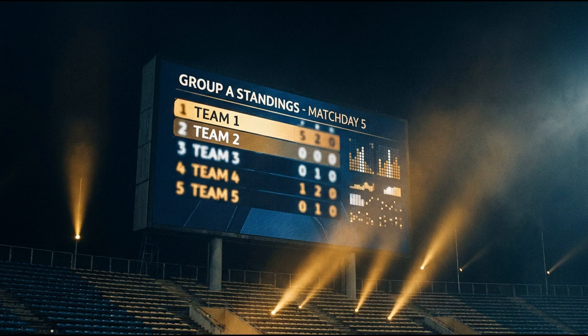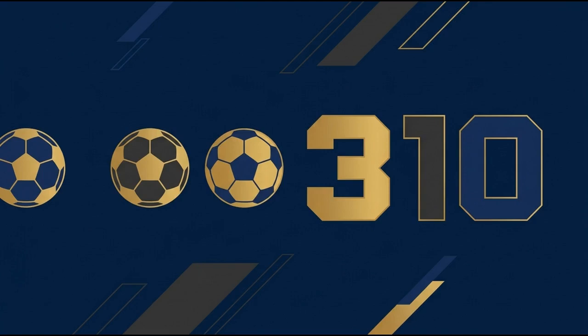Let's get into it. Start with the part everyone already knows. A win is worth 3 points, a draw is worth 1 point each, a loss is worth 0. 3 games per team in the group stage, so the most any team can finish with is 9 points, and the fewest is 0. That part is simple.